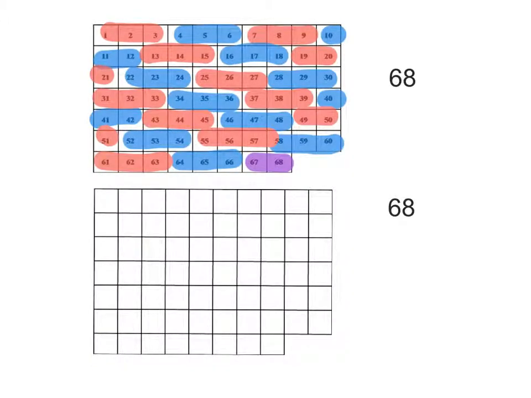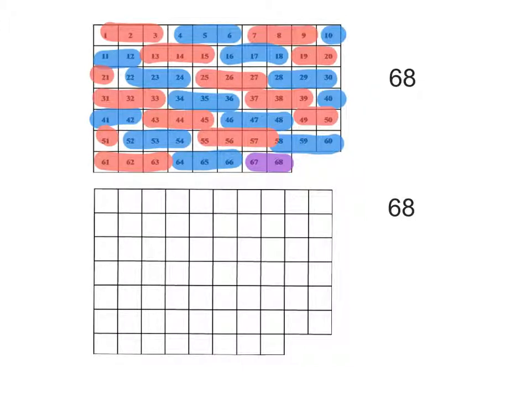So we've got our highlighting. We've got a lot of groups of 3 here. 1, 2, 3, 4, 5, 6, 7, 8, 9, 10, 11, 12, 13, 14, 15, 16, 17, 18, 19, 20, 21, 22, and in purple here we've got a remainder of 2.